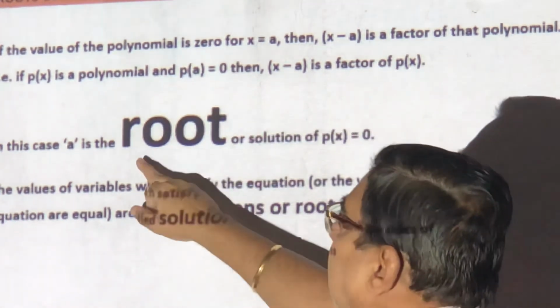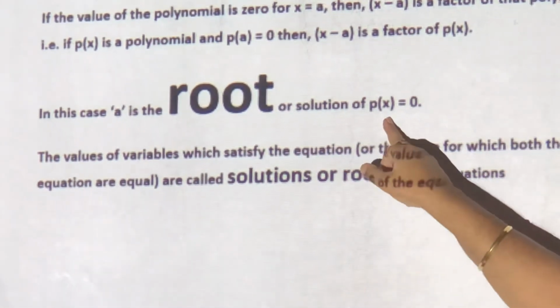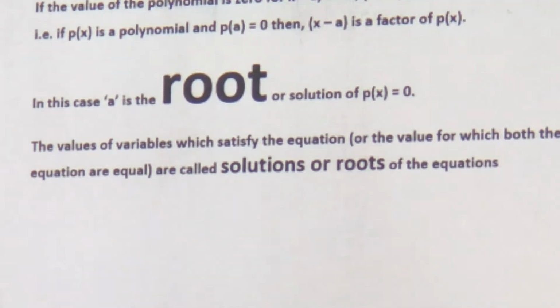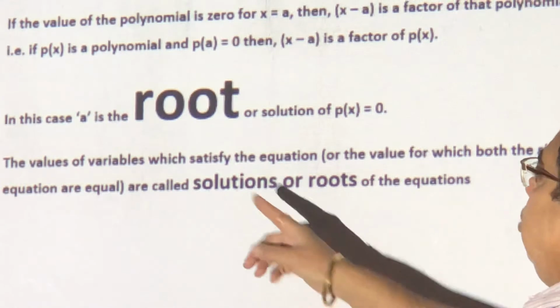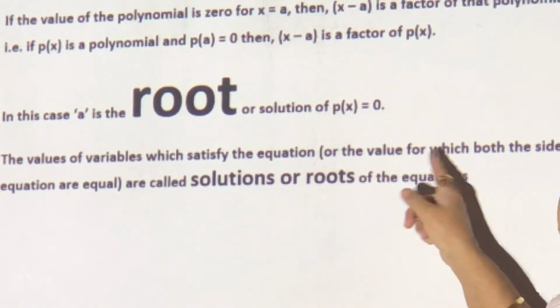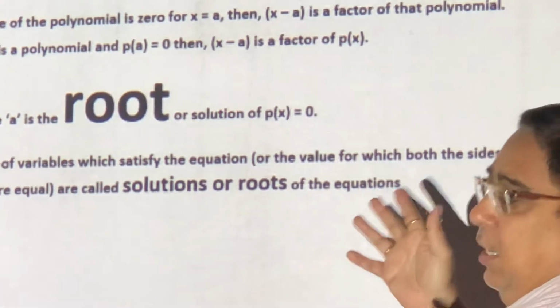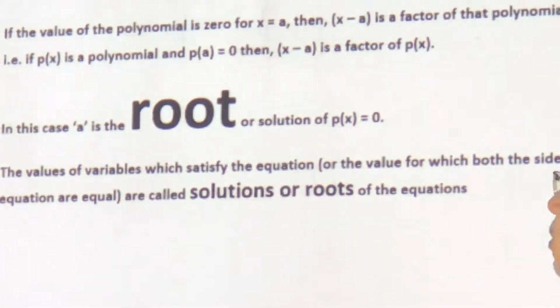A is called the root or solution of the polynomial equation equal to 0. The value of the variable which satisfies the equation, the value for which both sides are equal, that is 0, is called the solution or root of the equation.